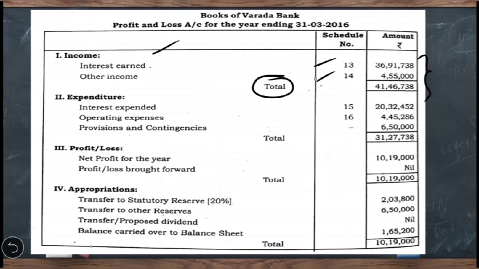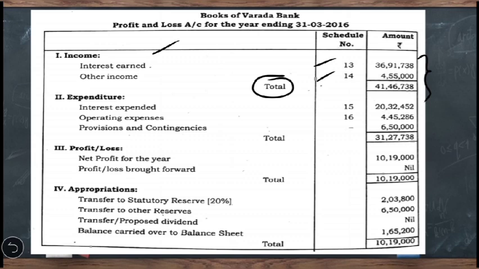Okay. Then the second heading will be for writing the expenditure. Under that, we have note number 15 with regard to interest expended. Total amount comes to 20,32,452. Then second one, the note number 16 is with regard to operating expenses, which comes to 4,45,286. Then the next item, provisions and contingencies, it does not have any note number.